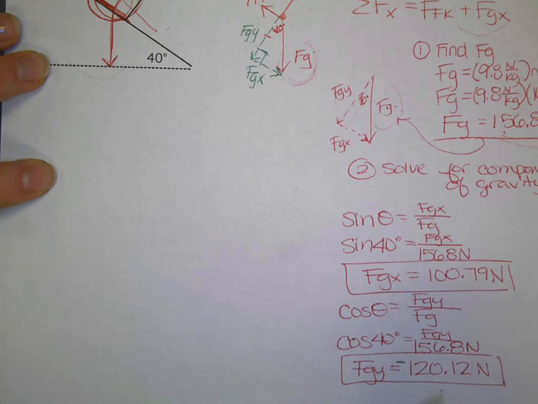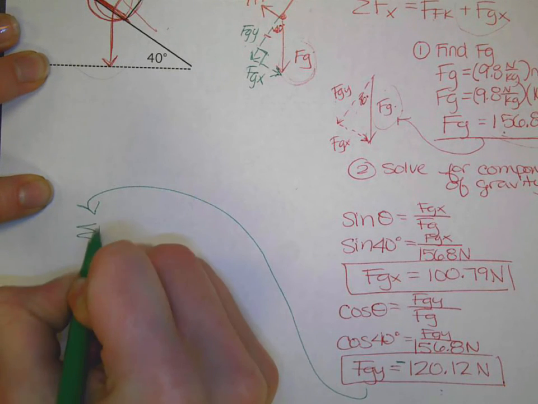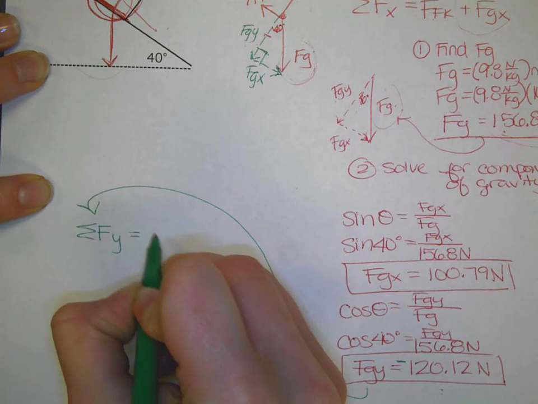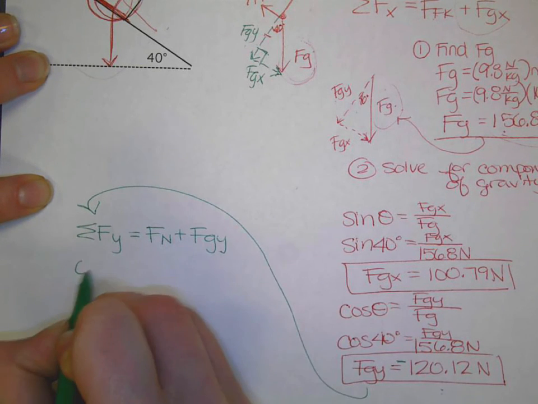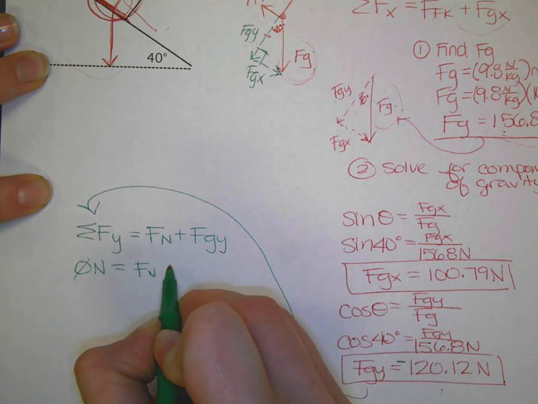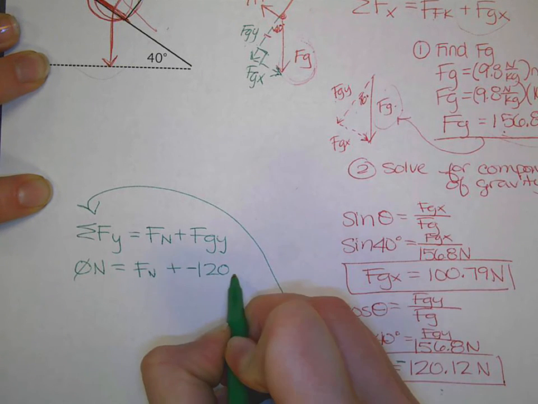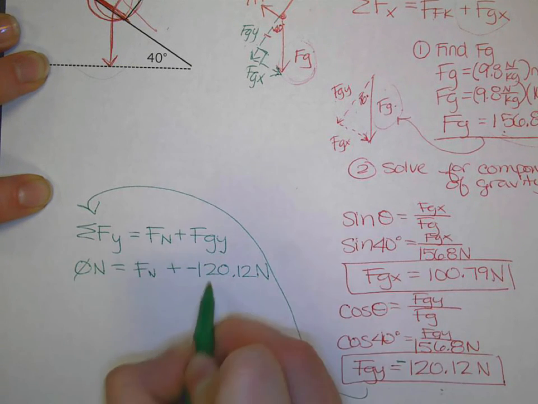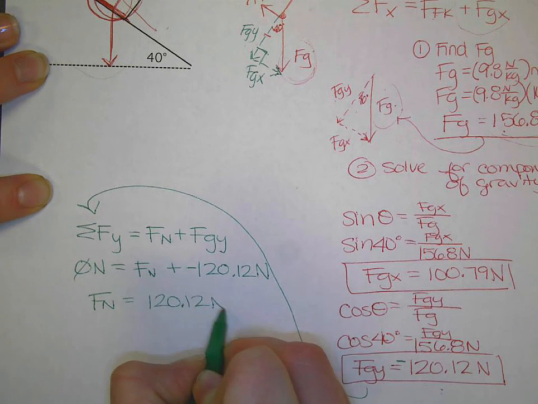So within the net force equations, the net force in the y direction is equal to Fn plus Fgy. I know this value is 0 newtons. And Fgy was negative 120.12. Add over to the other side, our normal force is equal to 120.12 newtons.